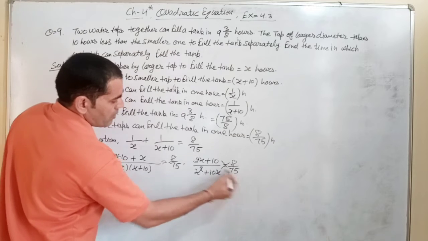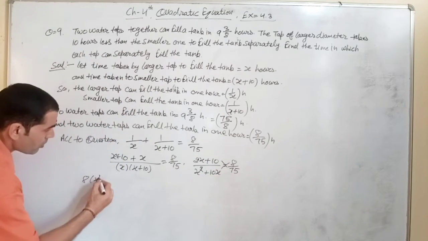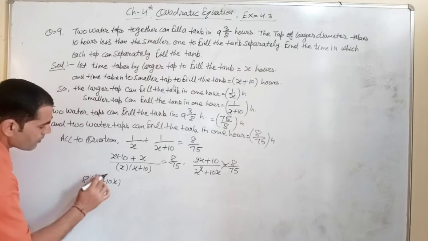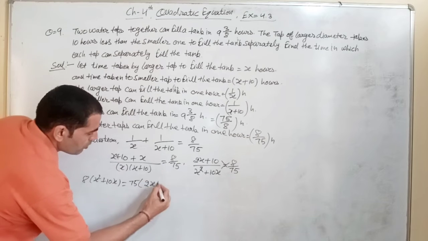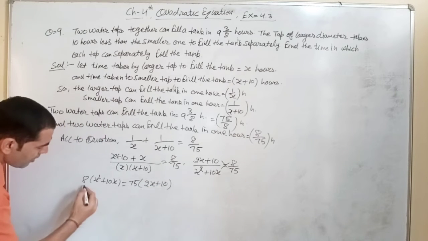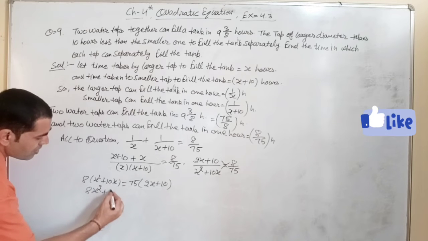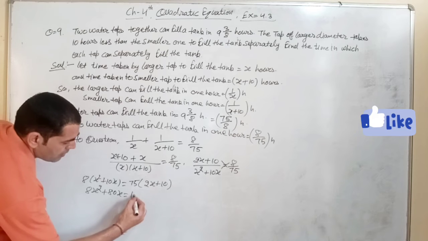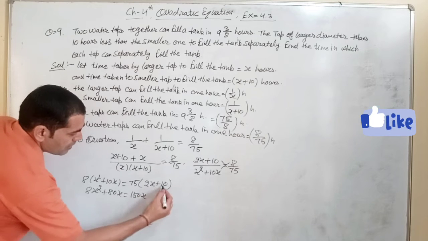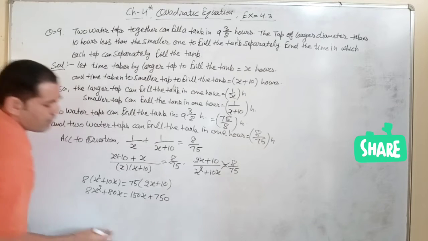Now cross multiply. 8 multiplied by x square plus 10x, and 75 multiplied by 2x plus 10. Now 8 multiplied by x square is 8x square, 8 multiplied by 10x is 80x, equal to 75 into 2x is 150x, and 75 multiplied by 10 is 750.